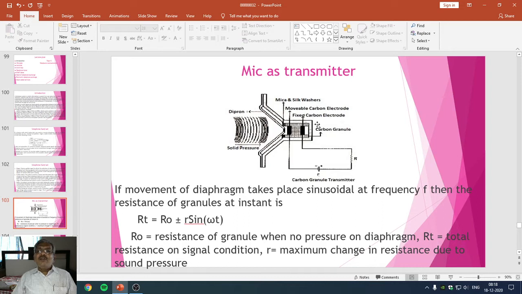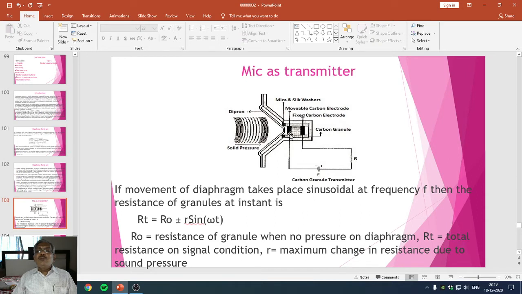The carbon granule microphone consists of a chamber. So this block we can call the chamber. This chamber is filled with carbon granules. These lines which are represented are the carbon granules. It also consists of two electrodes. One is a fixed electrode, which is represented here.